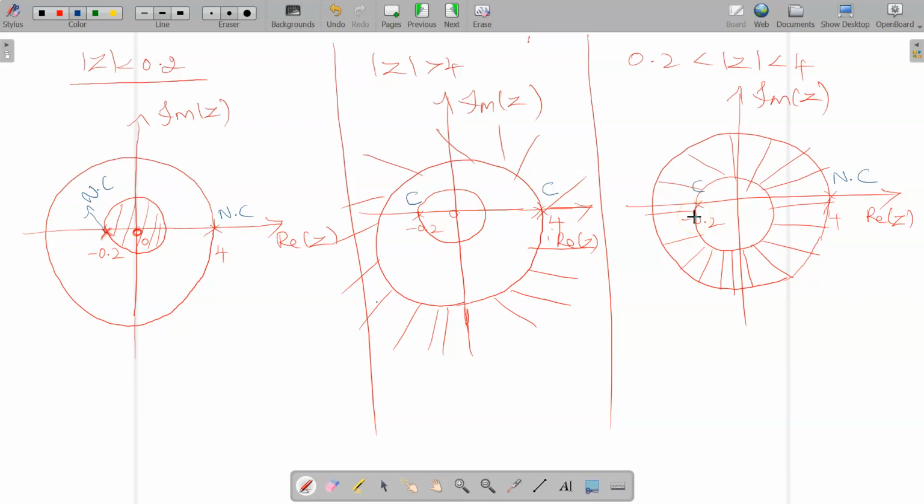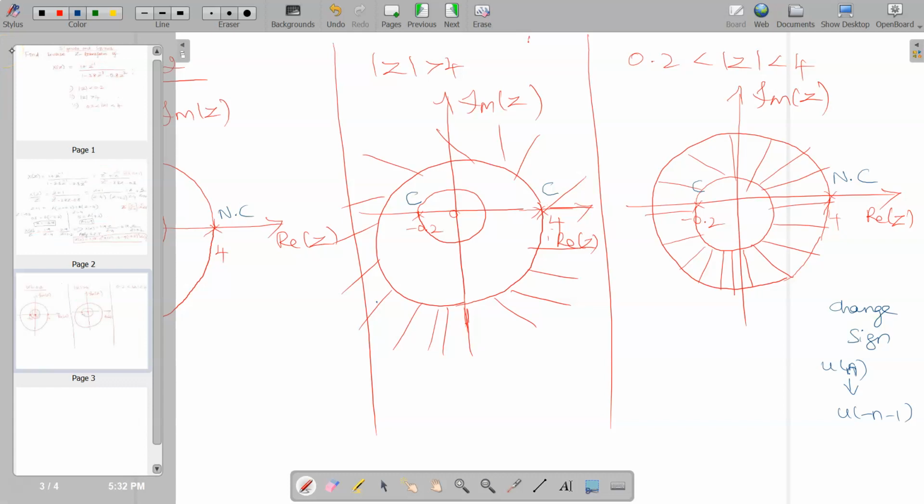Causal means write your expression as it is. Non-causal means change the sign, as well as replace u of n by u of minus n minus 1. So you have to remember this.